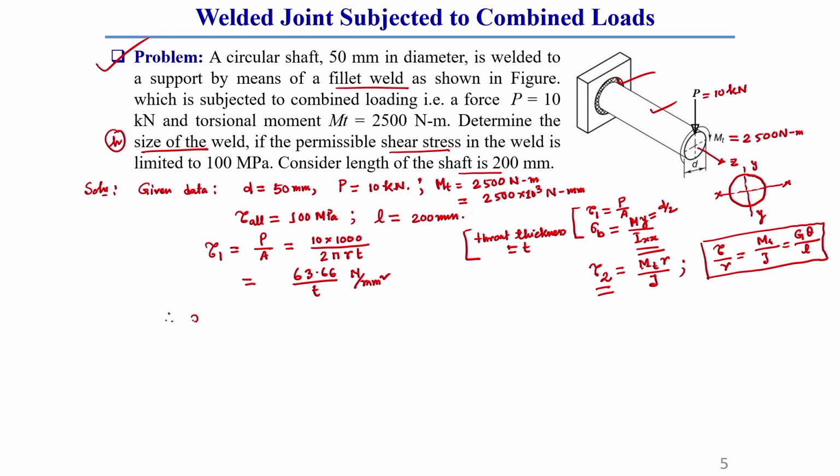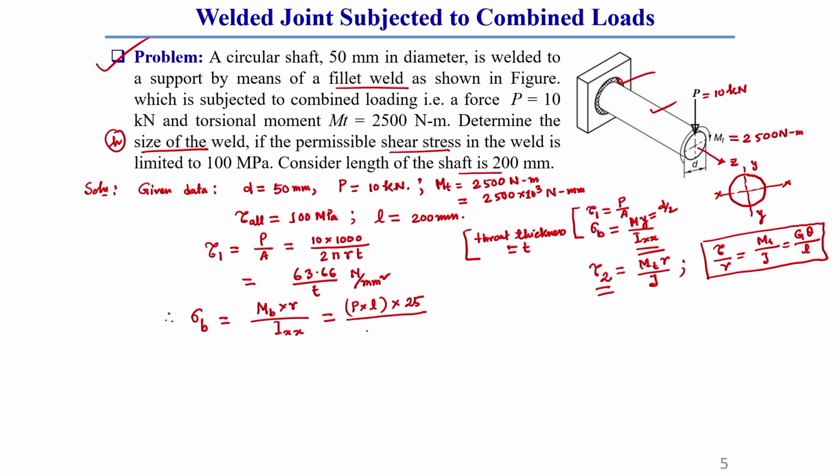Then what is our sigma b? Sigma b is Mb into r divided by Ixx. In the last lecture I have shown what Ixx is. Mb is the shifting length of the load, equal to the length of the shaft itself, into P. So P into L is Mb, and r is 25 millimeter.